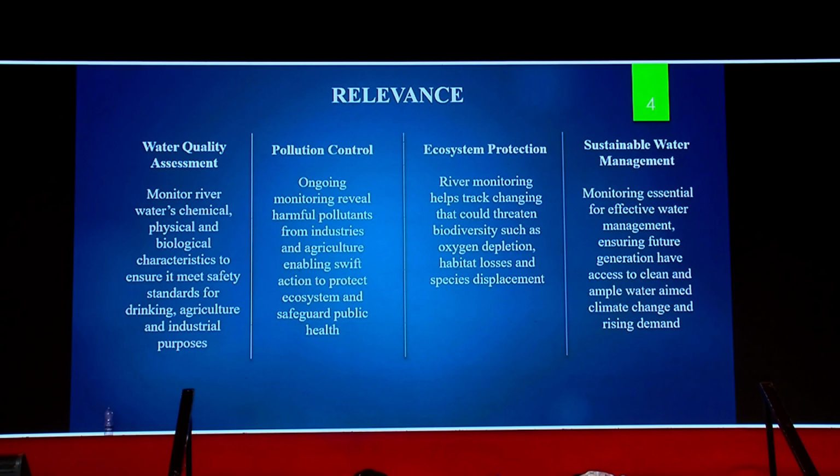So, here what we aim is to combine the lab-tested parameters with GIS geospatial mapping, so that we can have an insightful understanding of river health. Here we are going to discuss sampling methodologies and lab analysis, GIS mapping, together with key insights and recommendations we have drawn. So, what is the relevance of monitoring water quality?